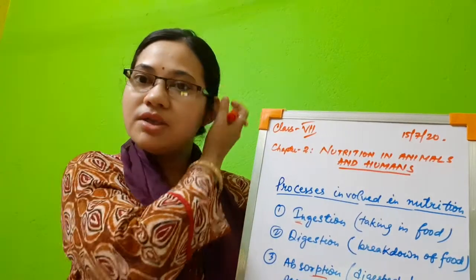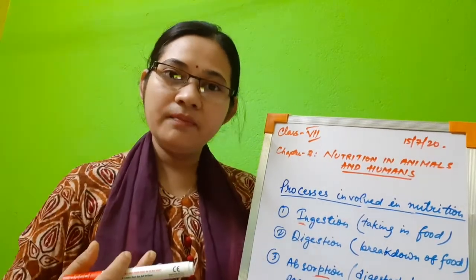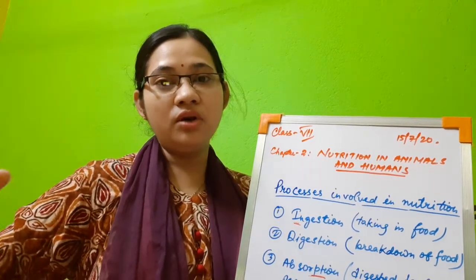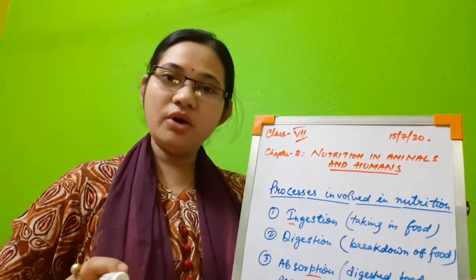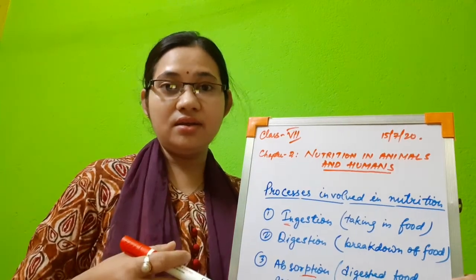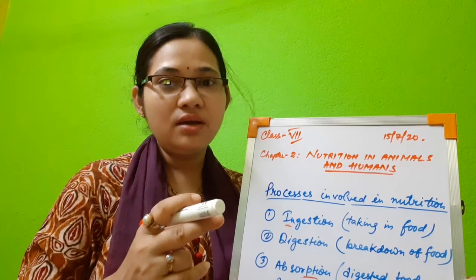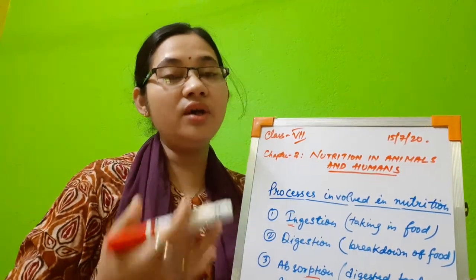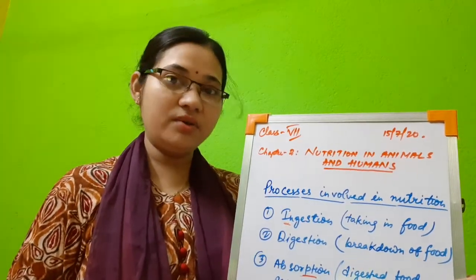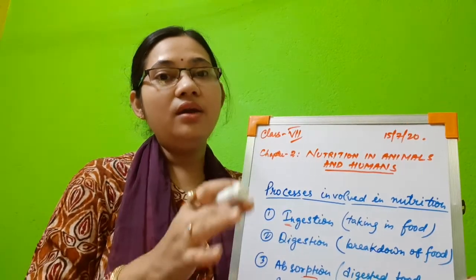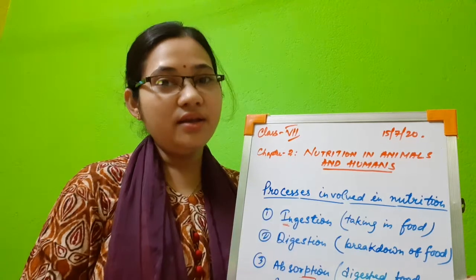That means the soluble substances which are carried by blood are now deposited or distributed to the body cells or tissues. These body cells utilize that food, and in presence of oxygen, food is converted into energy. We have already read about respiration in class 6 also, that food is broken down in presence of oxygen in the cells.